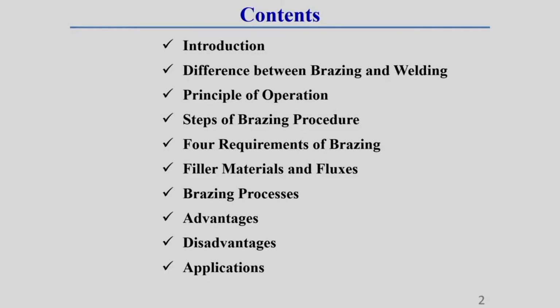First of all, today's content: introduction, difference between brazing and welding, then the principle of operation of brazing, then the steps of the brazing procedure, then four very important requirements of a brazing process, then the different types of filler material and fluxes used in brazing, then different categories of brazing processes, and finally the advantages, disadvantages and applications.